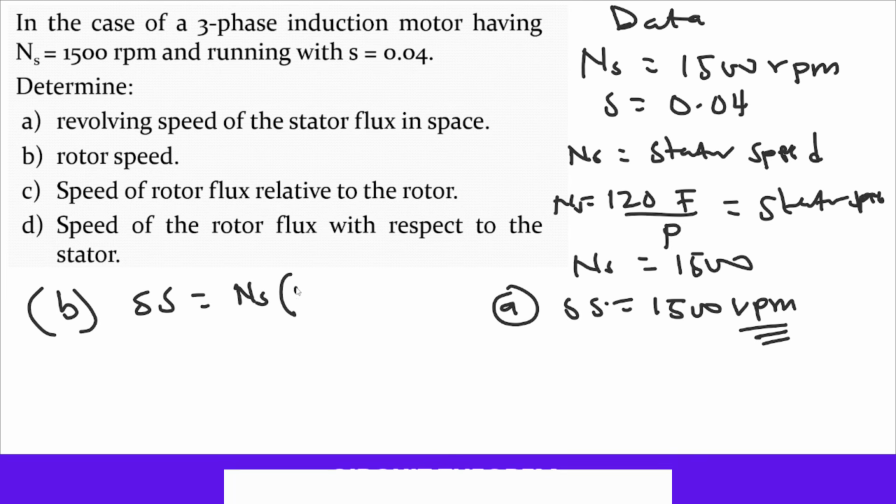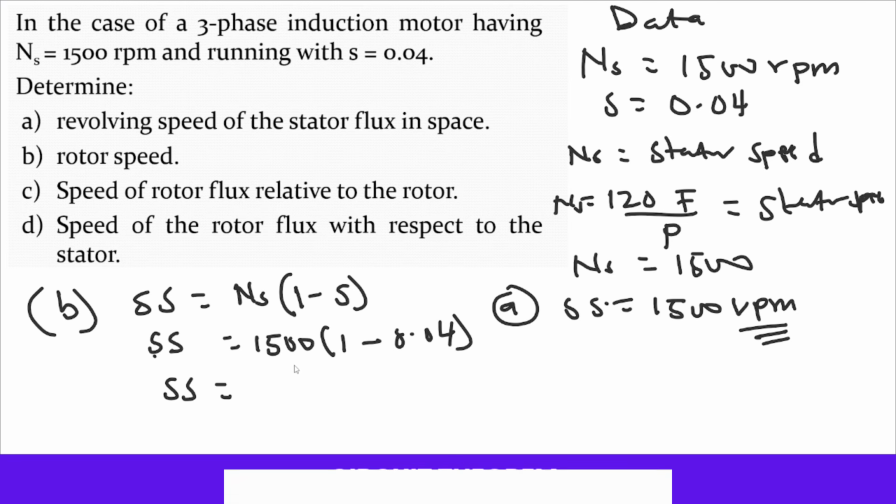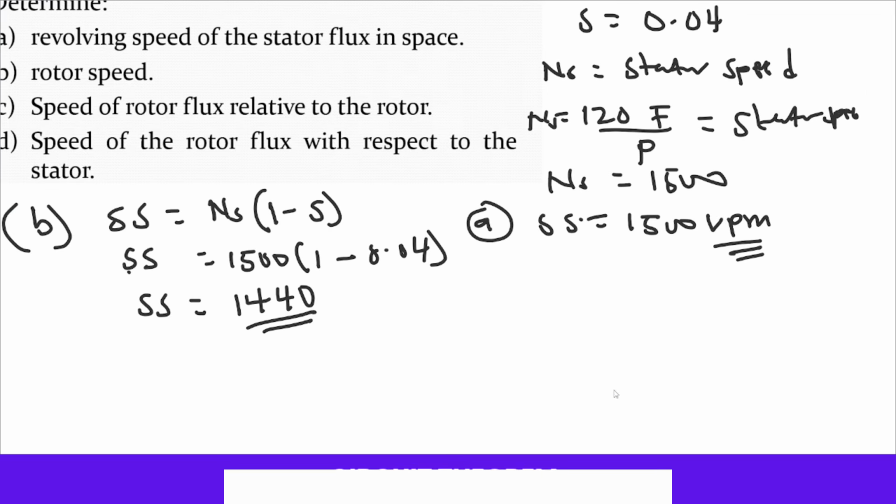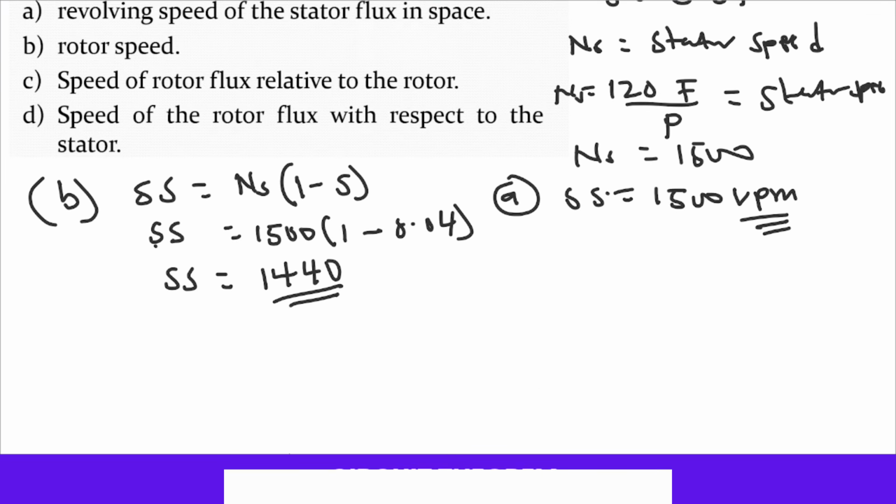So we get 1 minus the slip. The rotor speed is equal to 1500 times (1 minus the slip), and here the slip is 0.04. That gives us a corresponding value of 1440 rpm. You can see that the values are really close, but because of the slip, they are not equal.